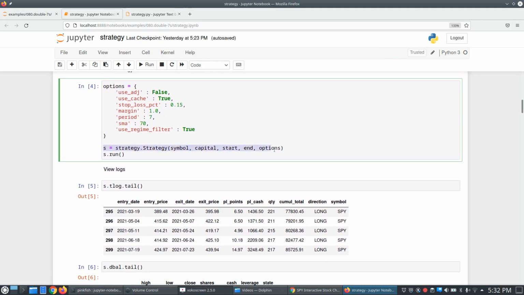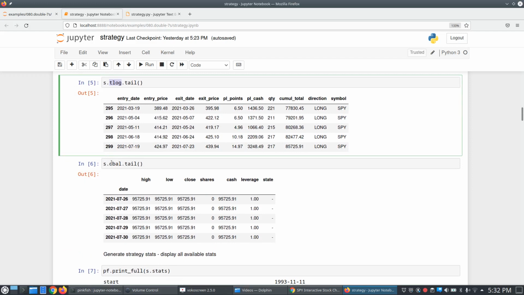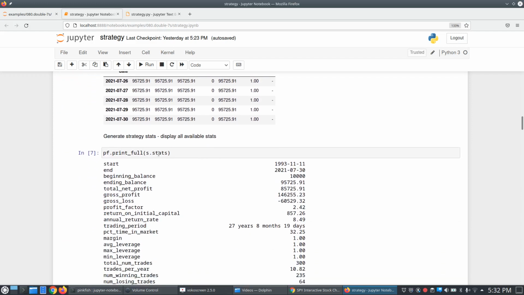And then it runs the strategy. After that, all the results are stored within that instantiation. You have the trade log, the daily balance, and the stats. Okay, so let's close that.